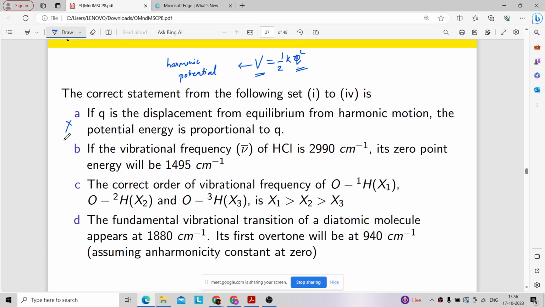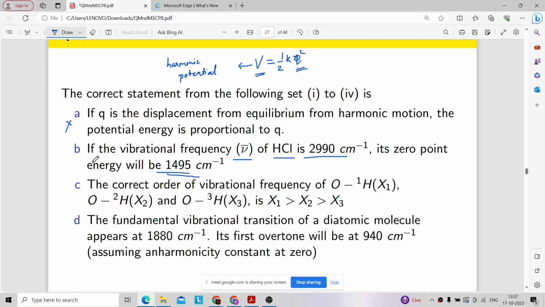Okay, what about the second option? If the vibrational frequency nu bar for HCl is this much, its zero point energy will be this much.